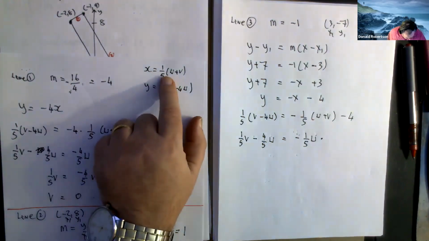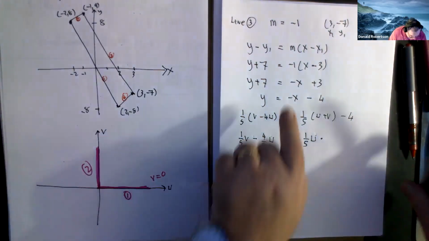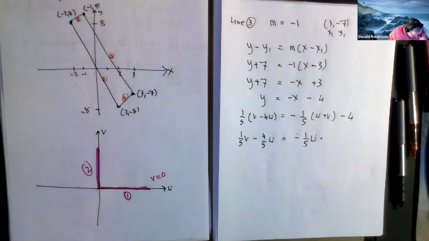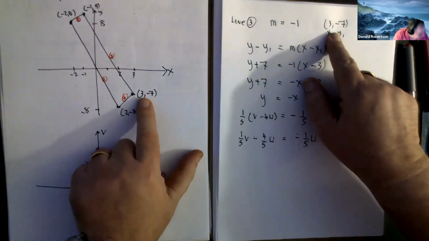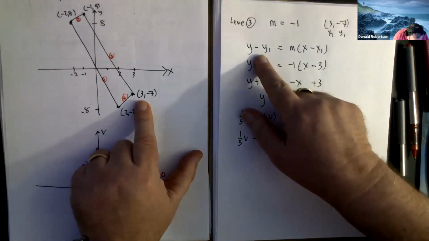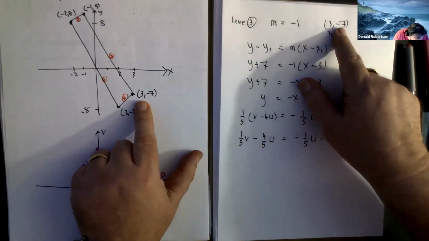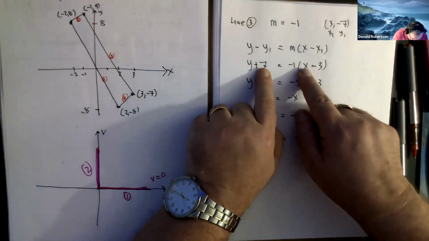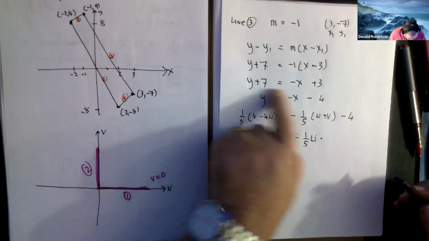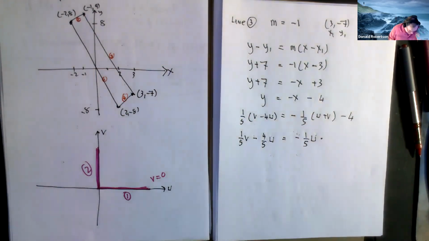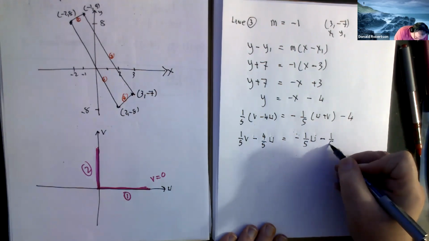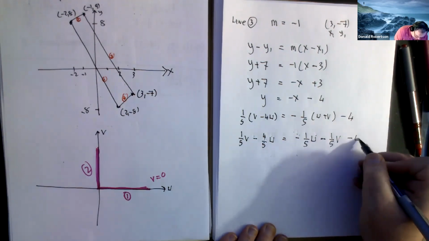So let's check if I did my equation right. That slope is definitely -1, and that point is definitely 3, -7. Yep. So it's y take away -7, add 7, check. -1, x take away 3, that's good. Trust the math. That times that. Take away 1/5 v, take away 4.